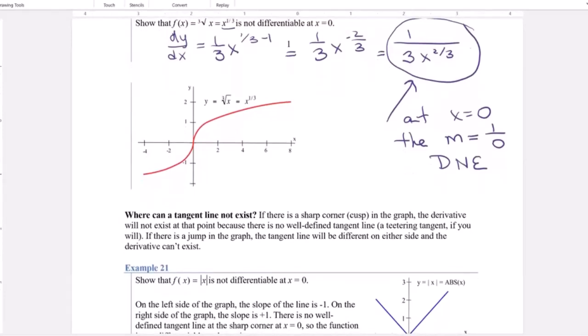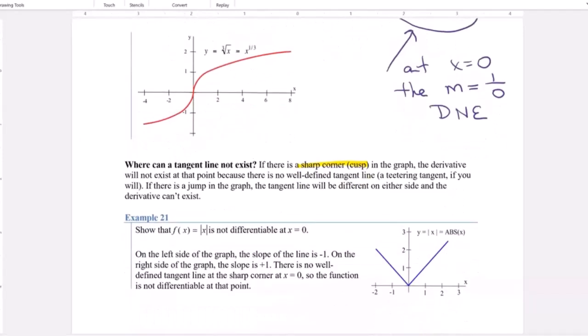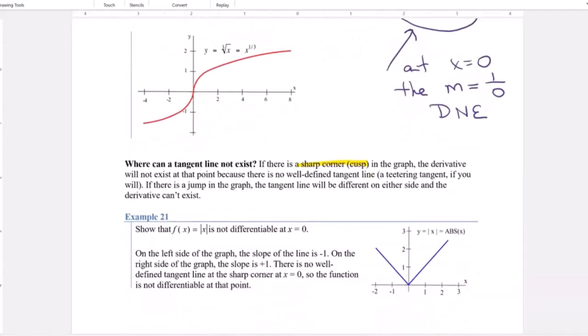So where can a tangent line not exist? If there's a sharp corner. So this is basically what you have to look for. Corners, cusps. A corner looks like this absolute value. A cusp would be something where the graph kind of looks like that.